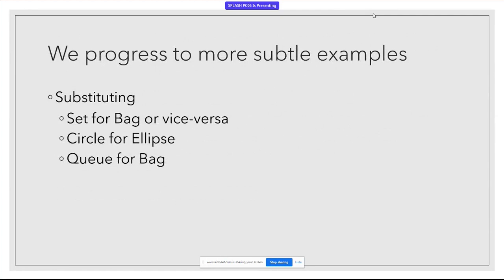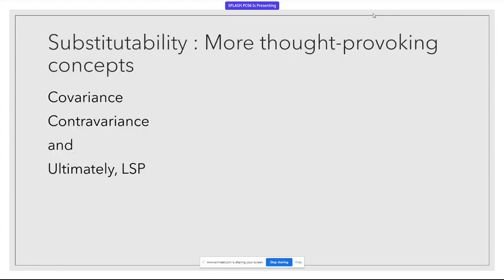And then we go on to other slightly more involved examples: set for bag or vice versa, circle for ellipse, that is the famous example from Bob Martin, or queue for bag. And we talk about concepts introduced or dealt with in the LSP paper, things like covariance and contravariance.